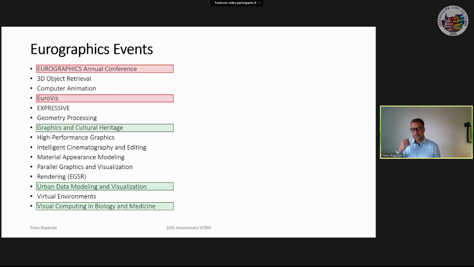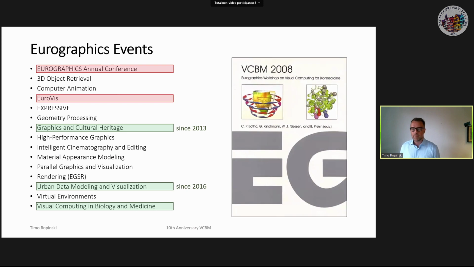So when you track back the history of these three events, you figure out that these two are from 2013 and 2016, and VCBM was in fact the first one, in 2008, which was recognized as a Eurographics workshop going into a domain topic.